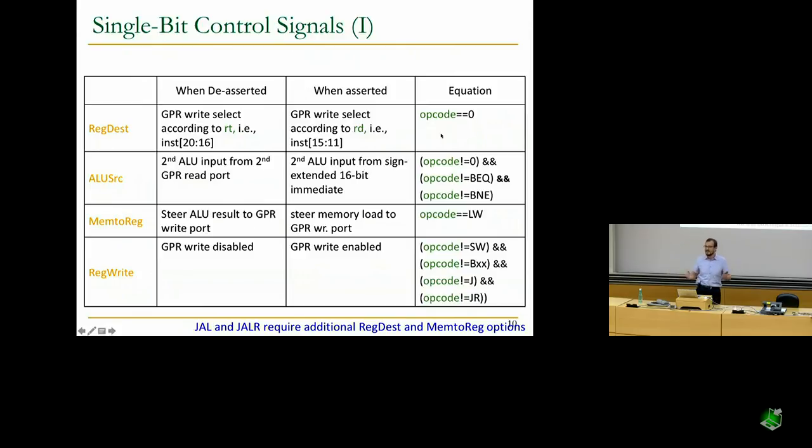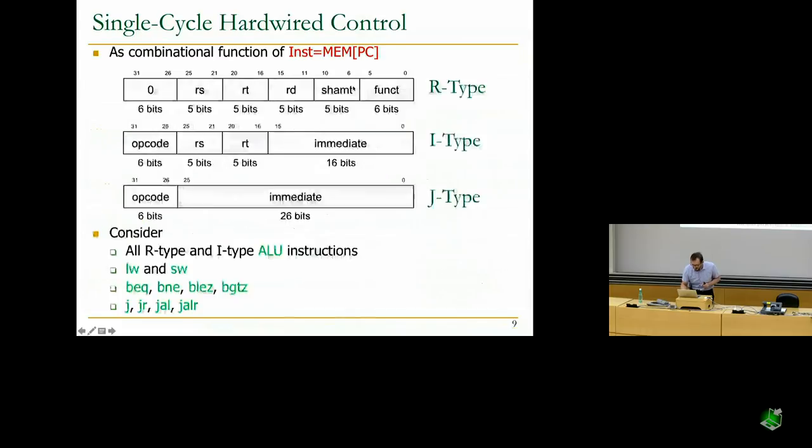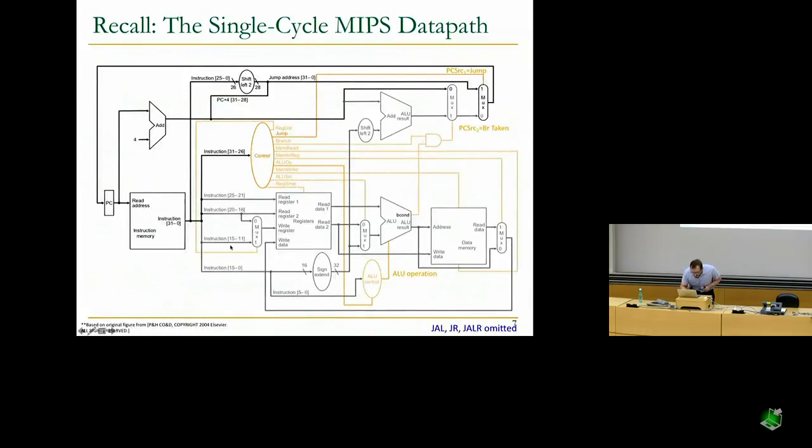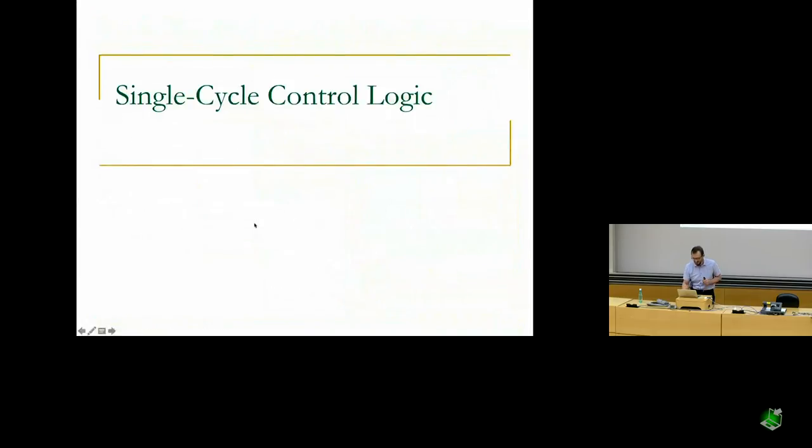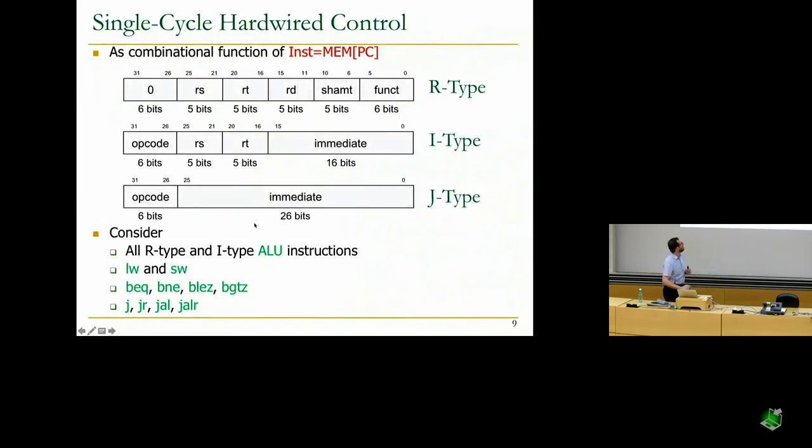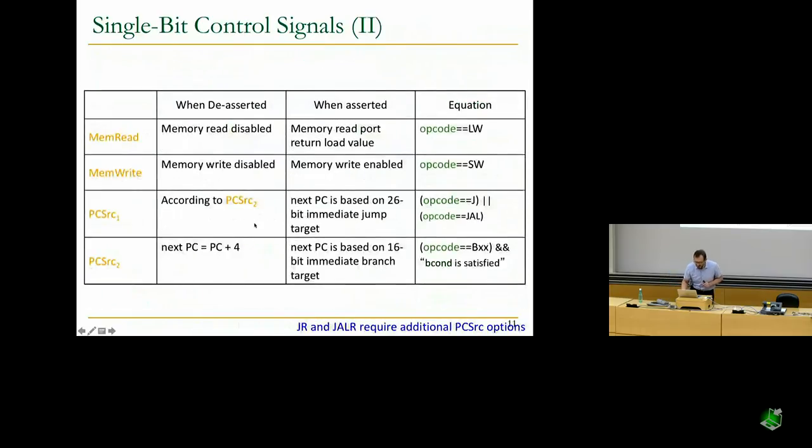So you need a comparator that compares the opcode to 0. If the opcode is 0, then the destination register is this one. If the opcode is not 0, then the destination register is this one. Okay, makes sense, right? Okay, we're going to see more examples of this.